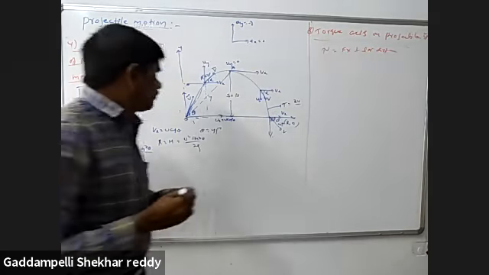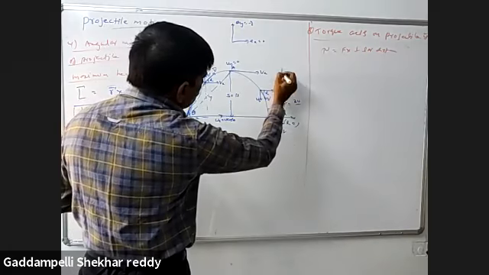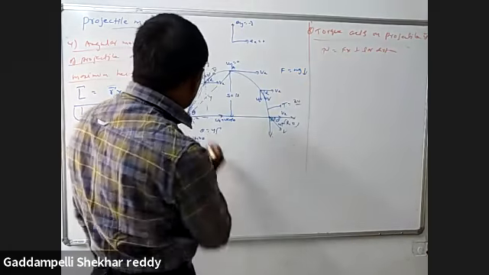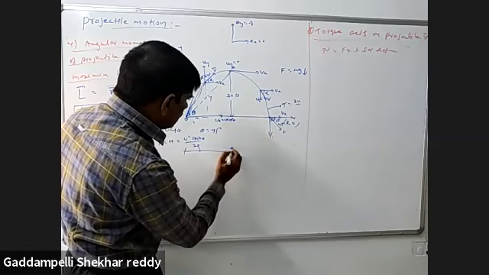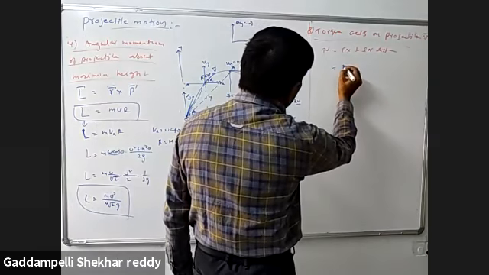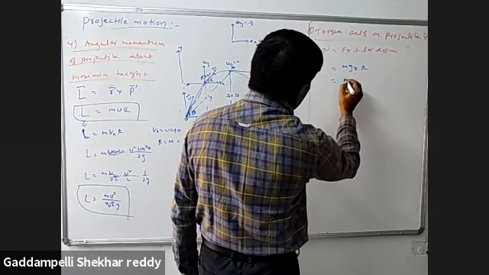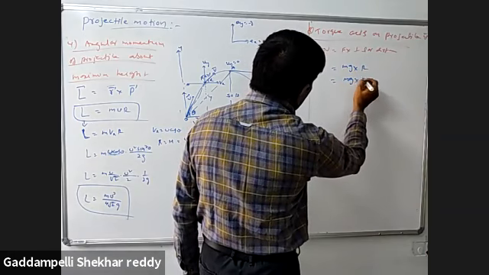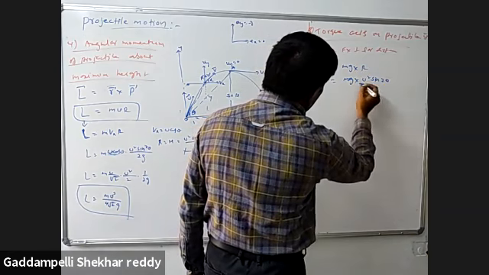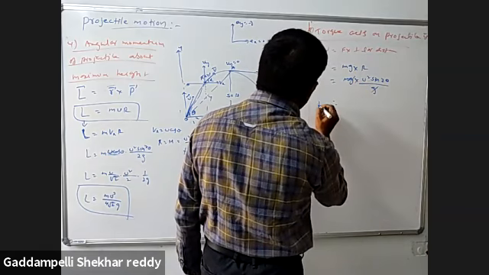Here the force is the gravitational force mg, vertically downward, and the distance is r, which means the range. So mg into u square sin 2 theta by g, therefore g gets cancelled.